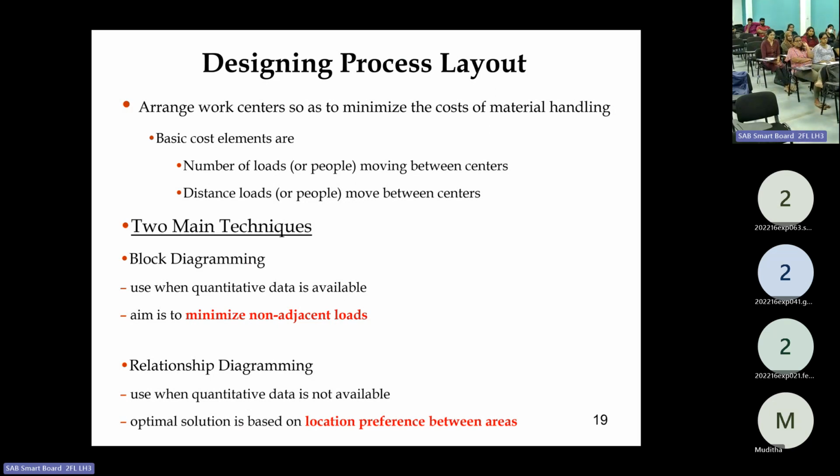One is the number of transactions between departments or work centers, and then, of course, the distance they may go through. Number of transactions and the distance. When you think of a service facility, it's about the number of people moving between departments and the distance that people walk through. So, considering these two, we try to minimize the material handling cost.